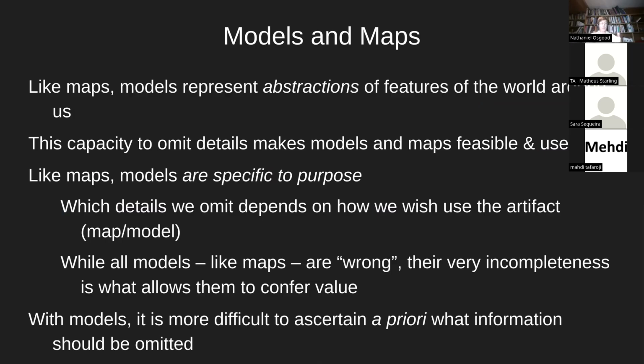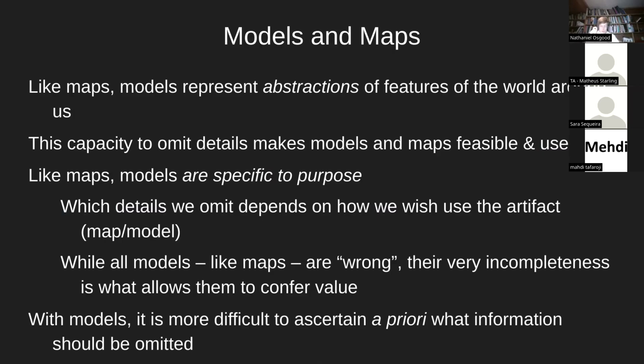So how we're going to use the map, the purpose for which it is used, is, as John Sterman says, a logical knife to cut away unnecessary complexity. What details we omit, what things we abstract away from, depends on how we wish to use the artifact. What features are germane. And as George Box famously commented, all models are wrong, some are useful.